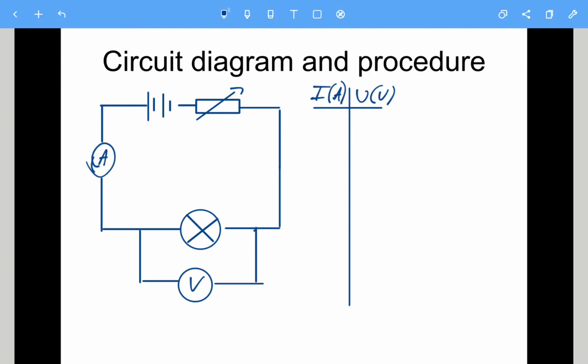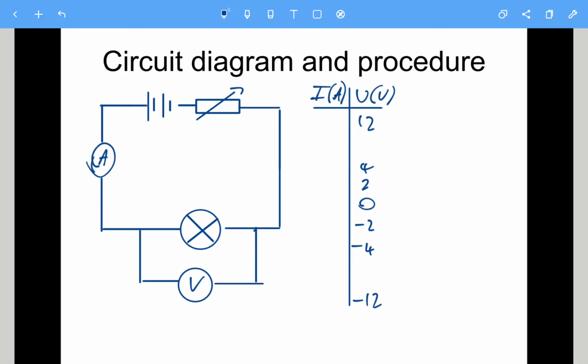In this investigation, you're essentially going to change the voltage and measure the current. You'll start at 0, and then go +2, 4, 6, 8, up to 12, and then switch the leads around at the power pack to change the direction of the current, and then -2, -4, all the way down to -12. That's 6 readings each side, and that can give you a nice graph.